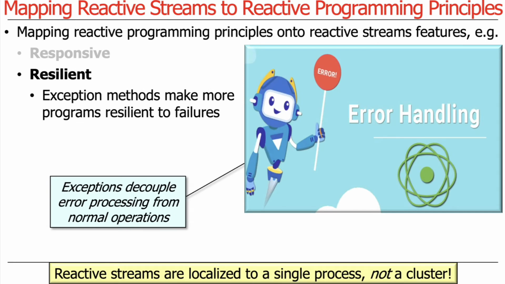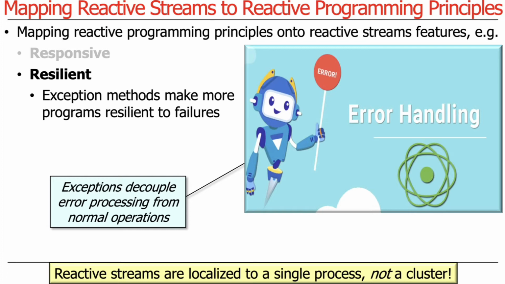From the resiliency point of view, this should look very similar to what we talked about with Java completable futures. There are exception handling methods that are defined in reactive streams frameworks that make the program more resilient to failures. And these exceptions will decouple error processing from normal operations. So that works very much the same way things do in completable futures.